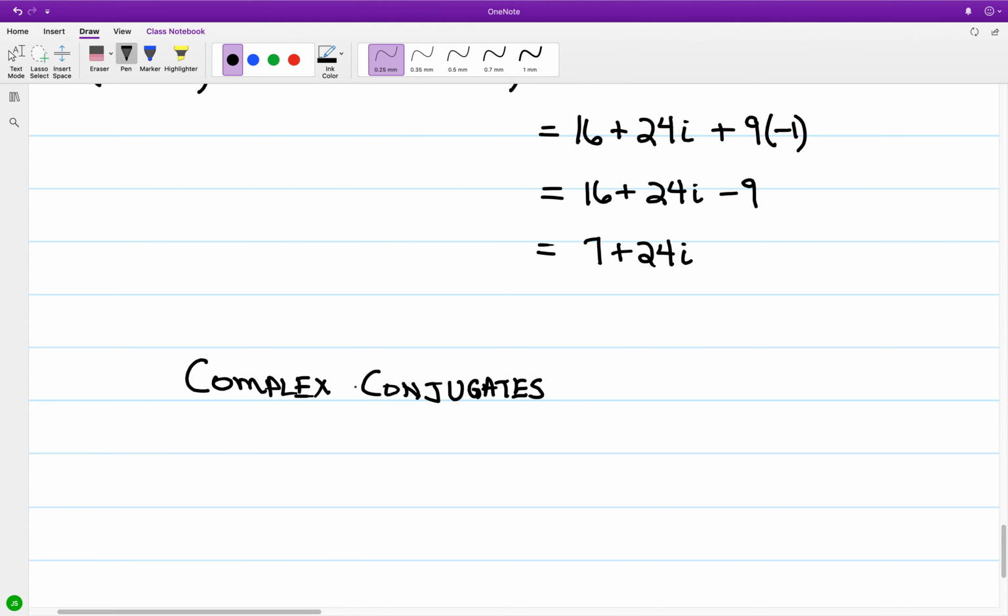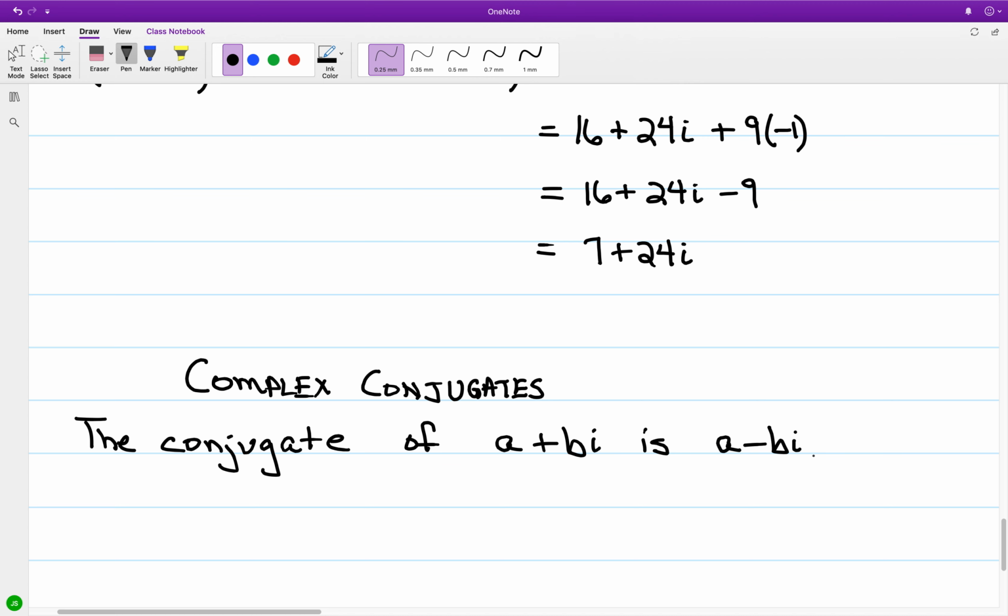The conjugate of a plus bi is a minus bi, and vice versa.